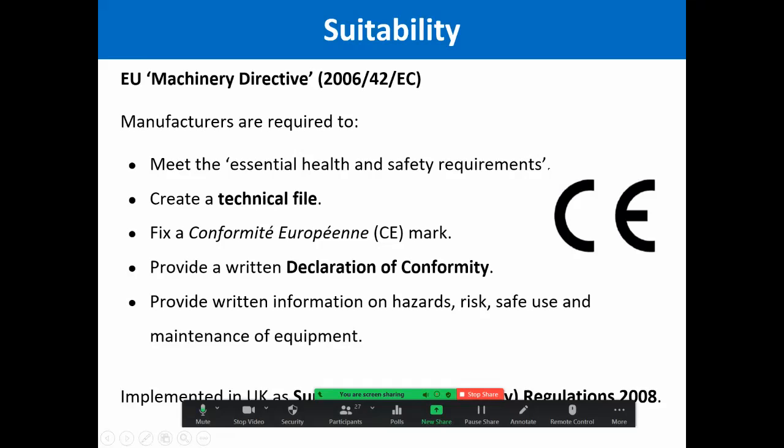This is basically a European conformity mark, and by giving a CE mark, the manufacturer is declaring conformity to the European standards. They are saying that this equipment or tool has been manufactured in accordance with the European norms. This is the suitability criteria. So you can have a look at the standard against which the tool was manufactured, and then use it accordingly as well.